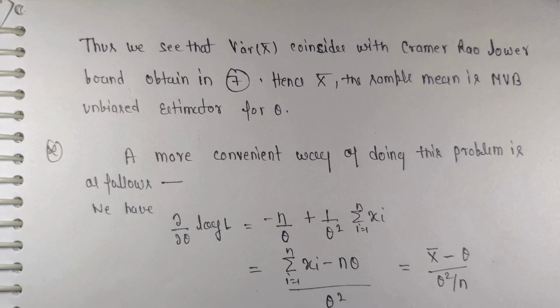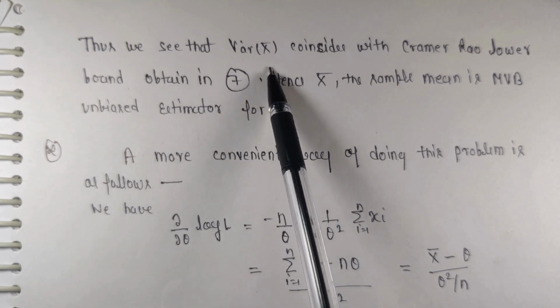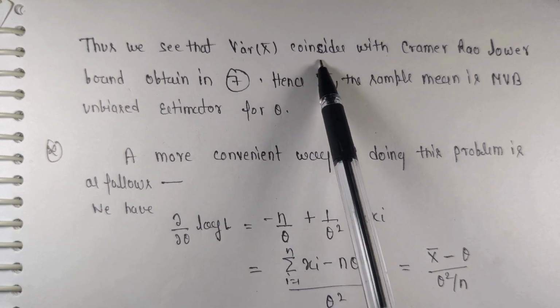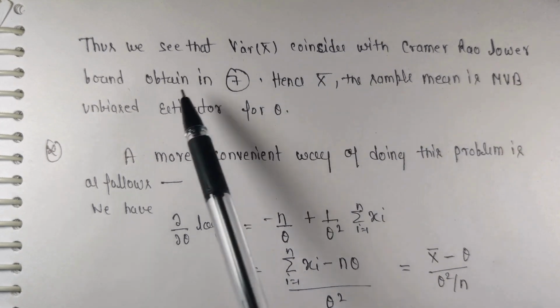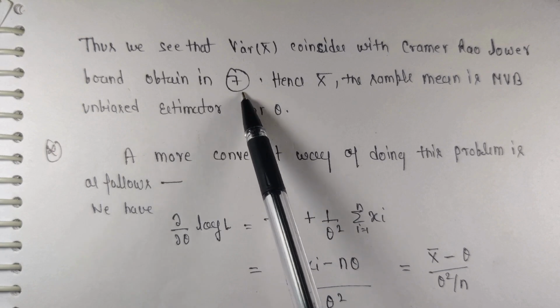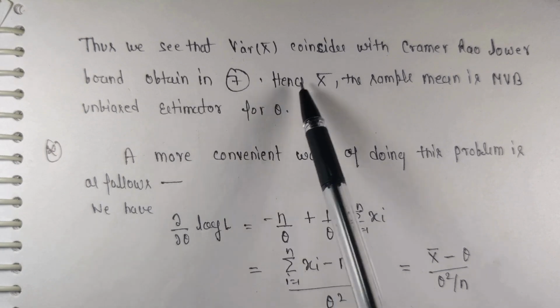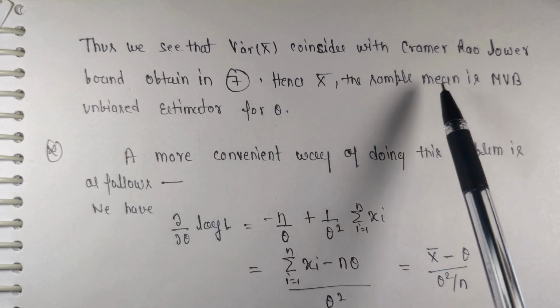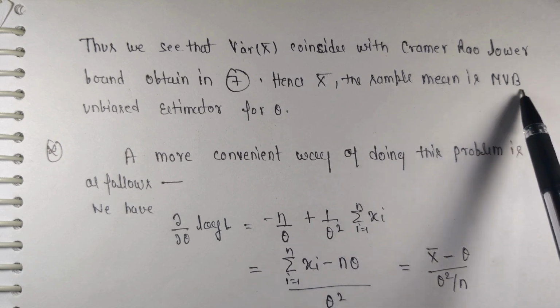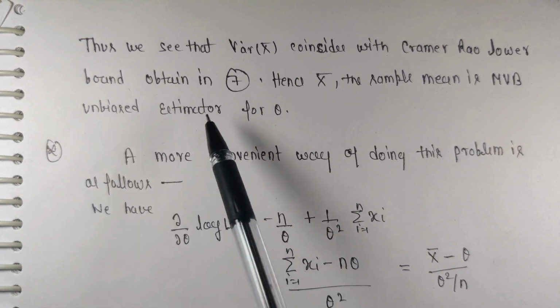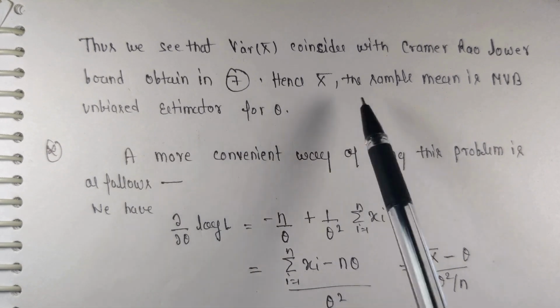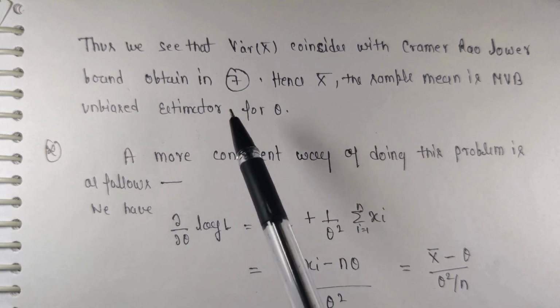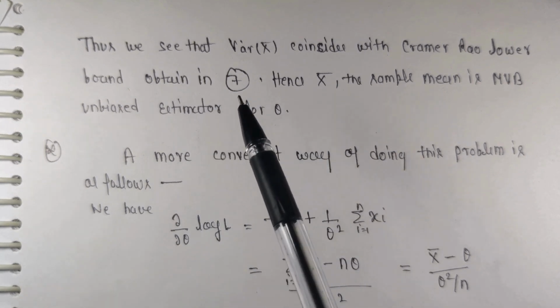Thus we see that the variance of x bar coincides with the Cramer Rao lower bound obtained in equation number 7. Hence x bar, the sample mean, is the minimum variance bound unbiased estimator for theta. This is the conclusion of the solution by the first method.